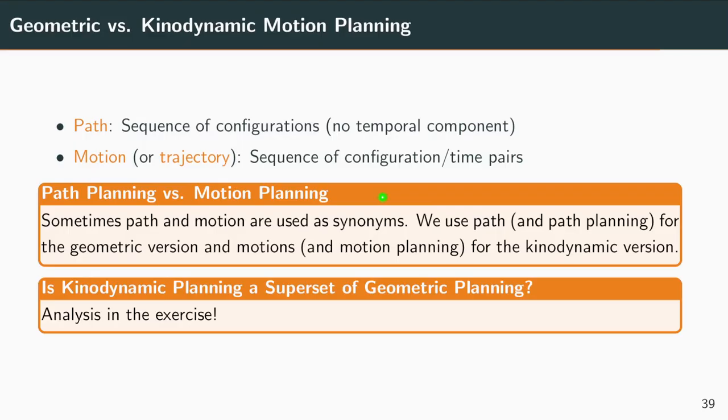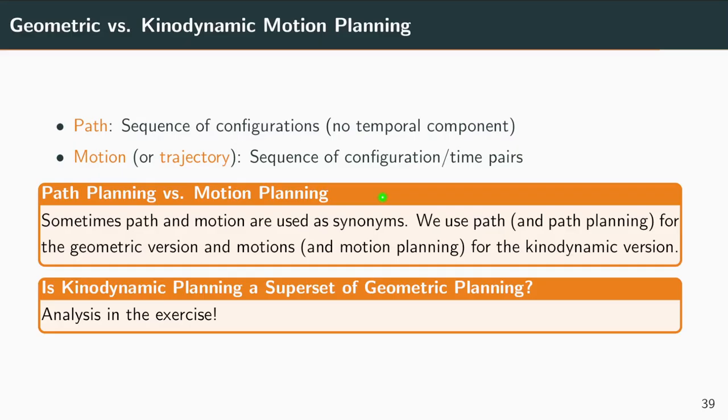So often when we say path, we mean just a sequence of configurations, but we don't really care about the temporal component, which also means path planning typically refers to our goal of finding a path. When we say motion planning or trajectory, then we refer to a sequence of configuration time pairs specifically.